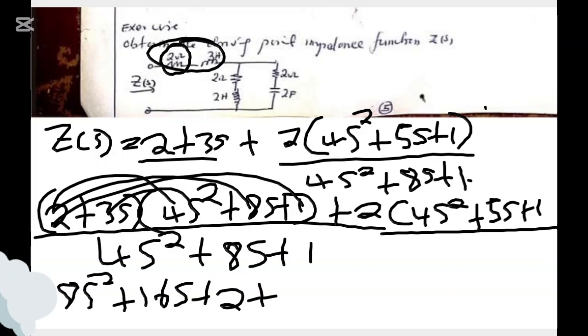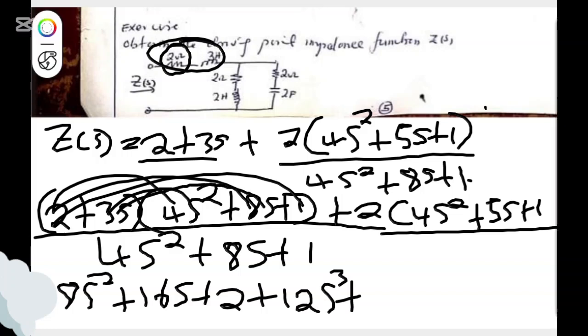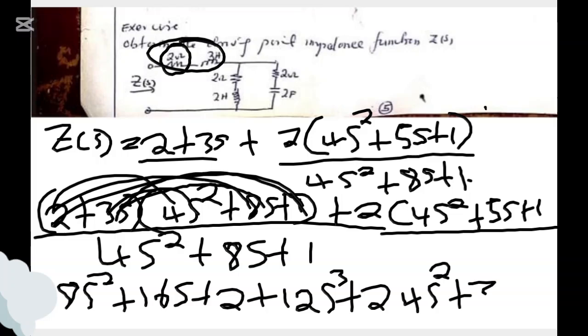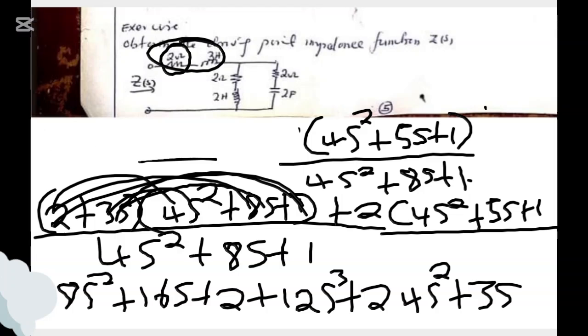Plus this multiplied by this, I'll get 12s, but power of 3. I have to say plus this multiplied by this. 8 multiplied by 3, I'll get 24, so 24s squared. And I'll have 3s multiplied by 1, I'll have only 3s. So I hope you get this point.